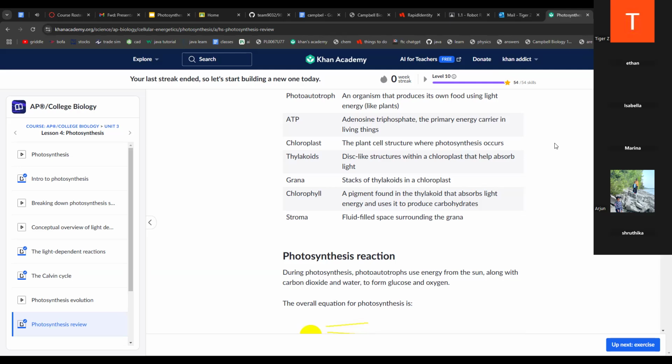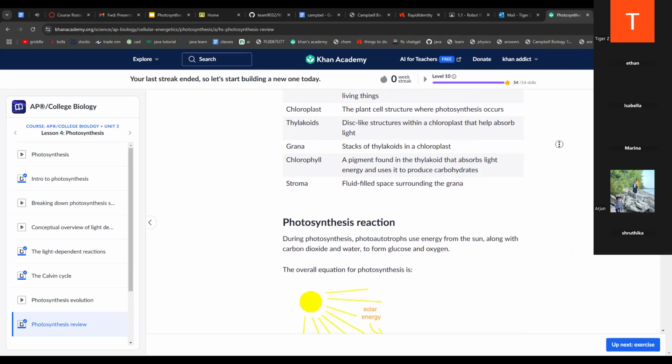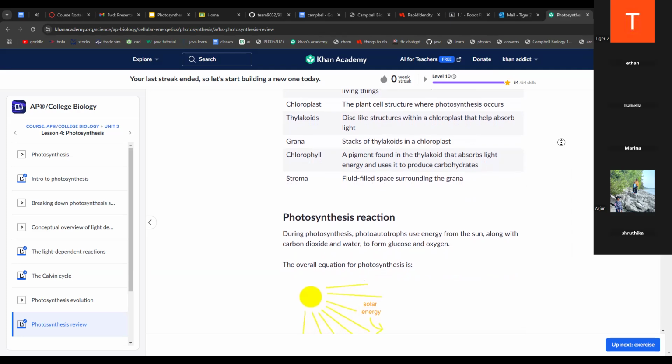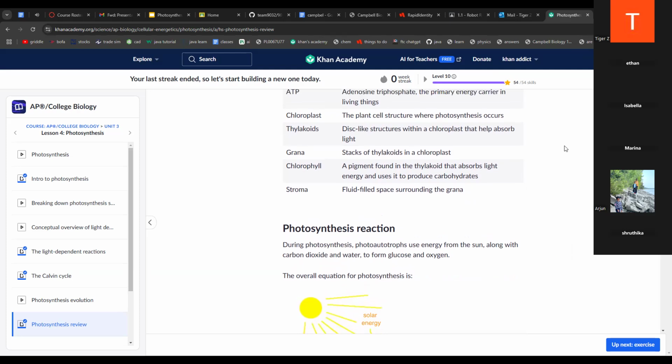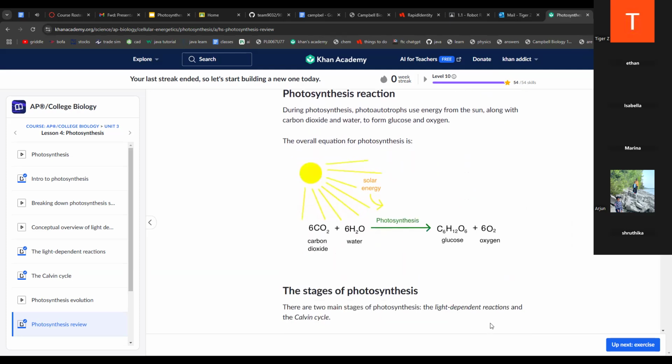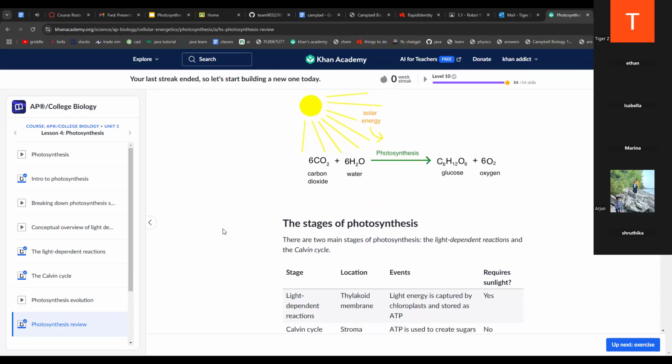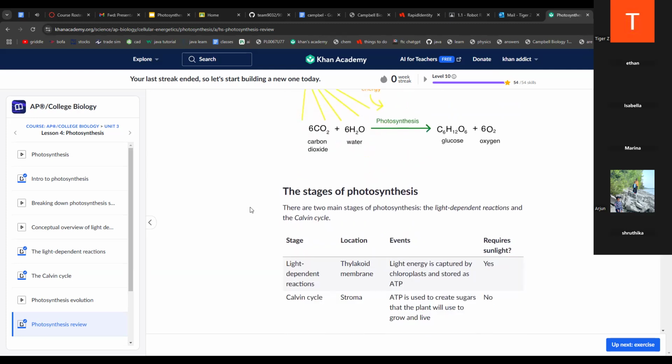For a little bonus, how much of each? Like how much oxygen, how much carbon dioxide? Six carbon dioxide, six water, and that produces glucose and six oxygen. Wait, wasn't it three carbon dioxide molecules? Six, because we're making a six carbon sugar, glucose, so we need six carbons on the left side. Okay. All right.